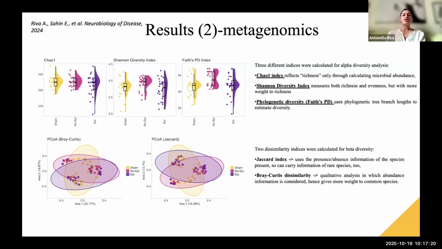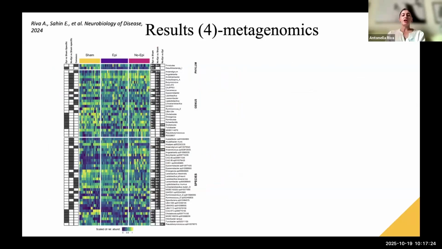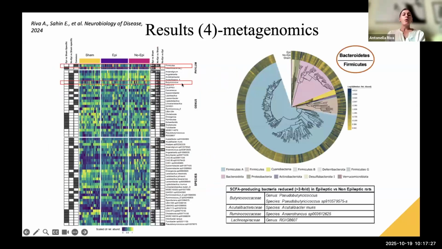But to really characterize what was there, the most interesting thing was that we found a reduction of a particular bacterial species, Butyricicoccus, in the group of rats who developed epilepsy compared to those who did not. Why is Butyricicoccus so interesting?